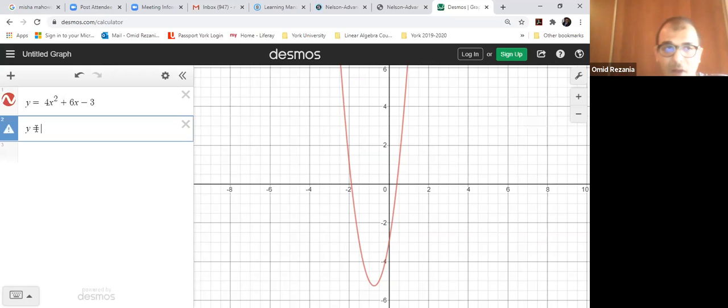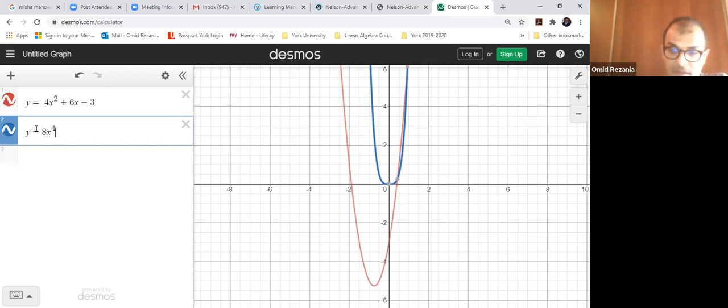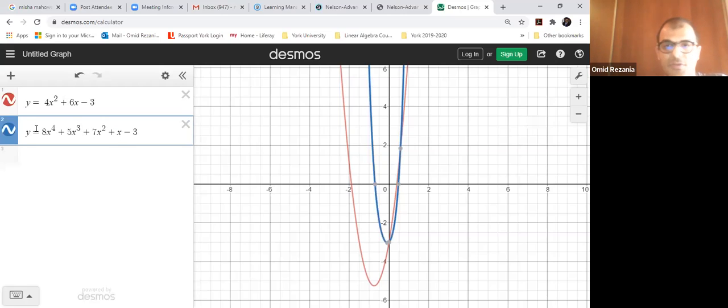Another even polynomial with, let's say, positive coefficients. X to the power 4 plus 5x to the power 3 plus 7x to the power 2 plus x minus 3.